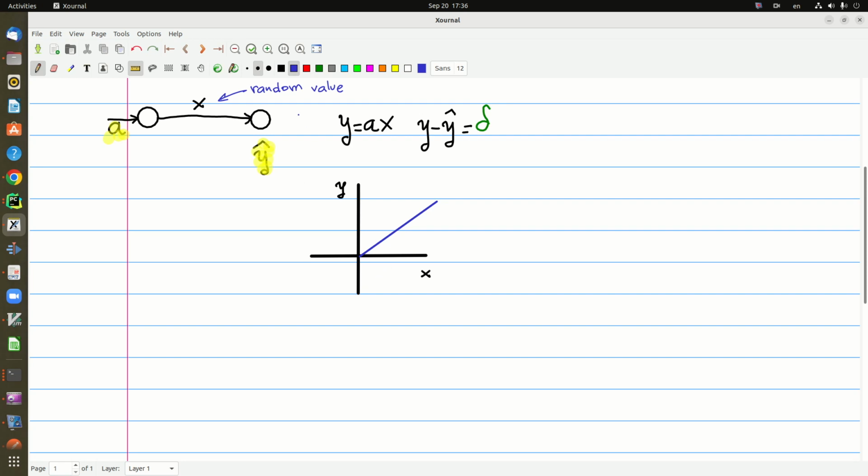This means that an x that lies, let's say, here is going to correspond to this y.